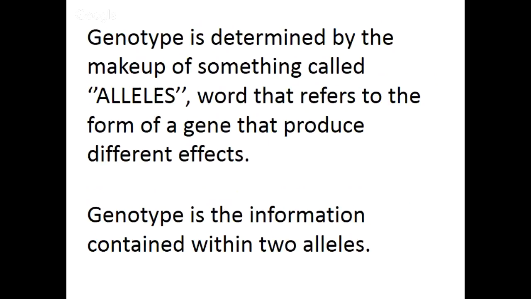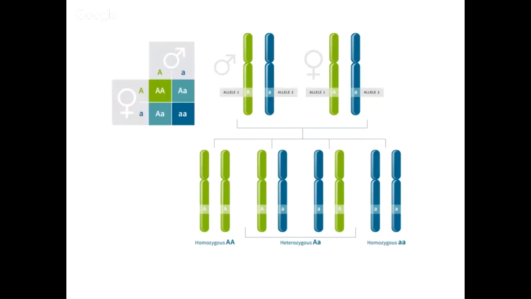So the genotype is information contained within two alleles. Let's say an allele is one. This is an allele, there's a green and something like a blue, one from each parent, one from your father, one from your mother. They both combine together during conception and form 46 chromosomes.